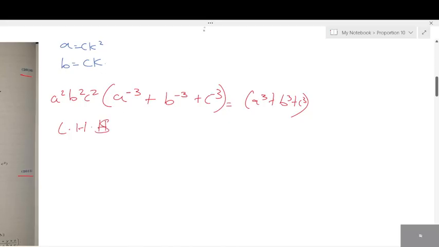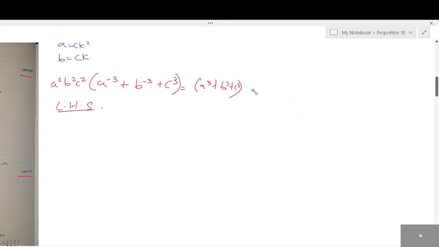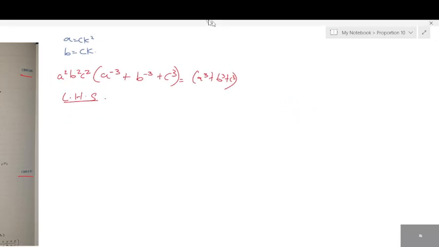First, the left hand side. On the left hand side, A value is given, B is given, C is not given. Keep it as it is.